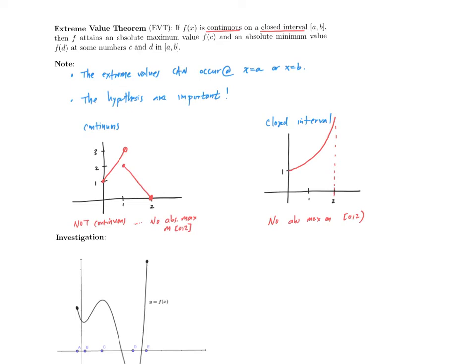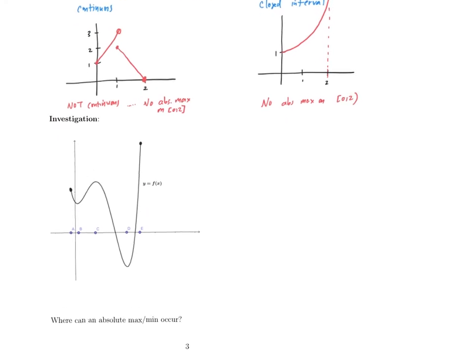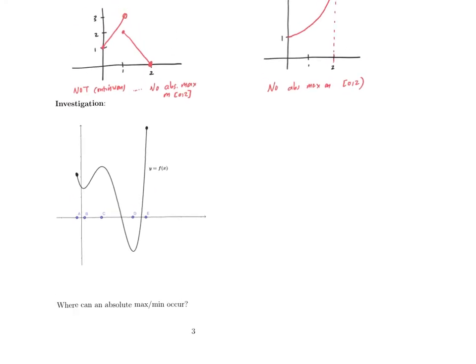Now, in terms of how we want to use the extreme value theorem, we not only want to know that absolute maximums and minimums exist, we want a nice procedure as to how we can go about finding them. So I have a graph to the left. And note, this is a graph of a function y equals f of x. It is continuous on the closed interval from a to e. And because it's continuous on the closed interval from a to e, we can apply the extreme value theorem.